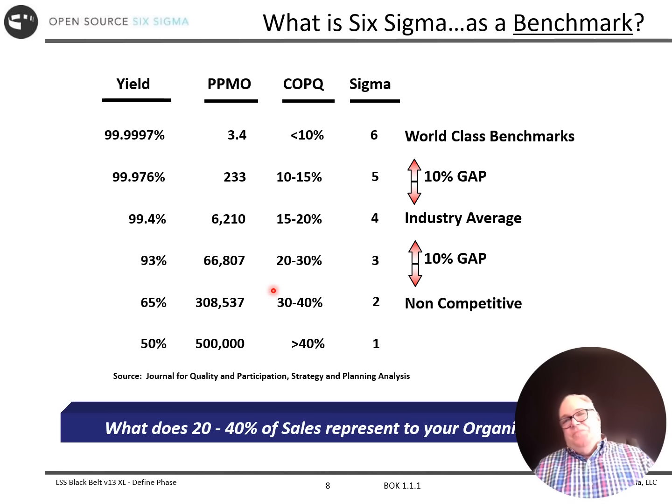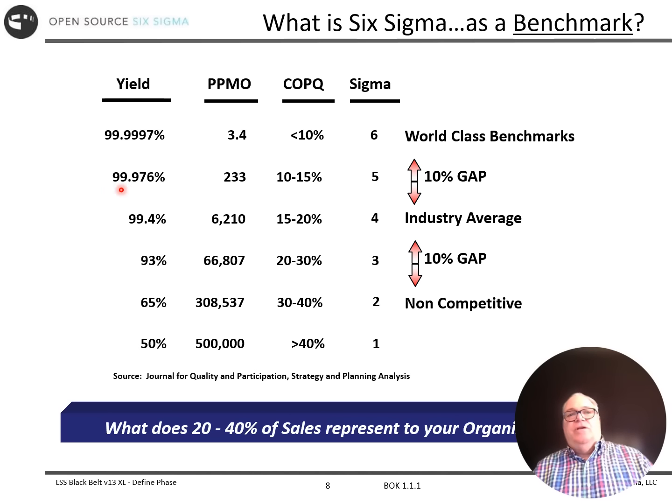But you can see that if we move from 2 or 3 sigma up to this 5 or 6 sigma range, we're talking about 20-25% of the cost of sales, turning that from just getting the product out, so scrap and rework and wait times and inventory, or lack of inventory turns, and turning that into cash.